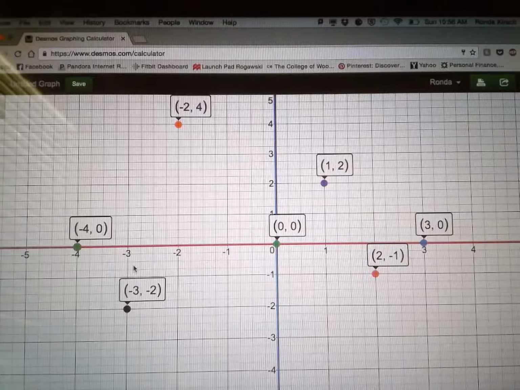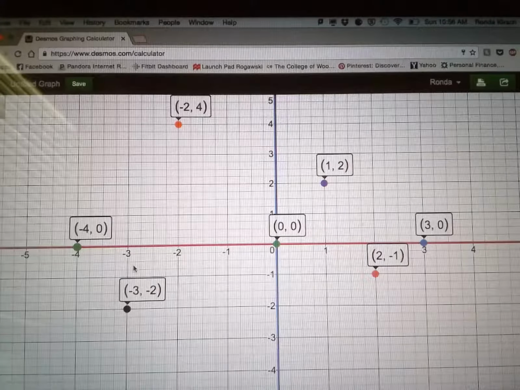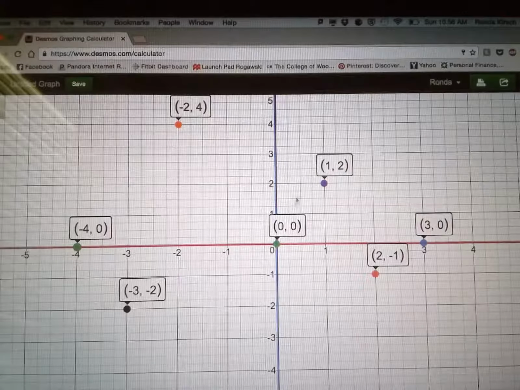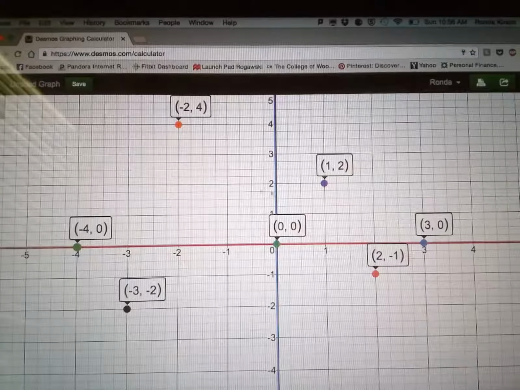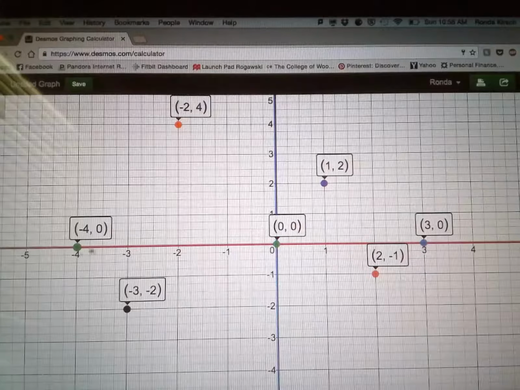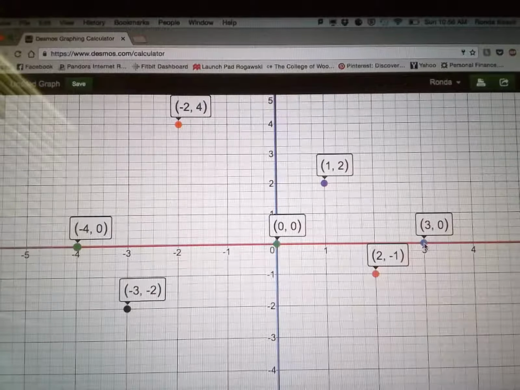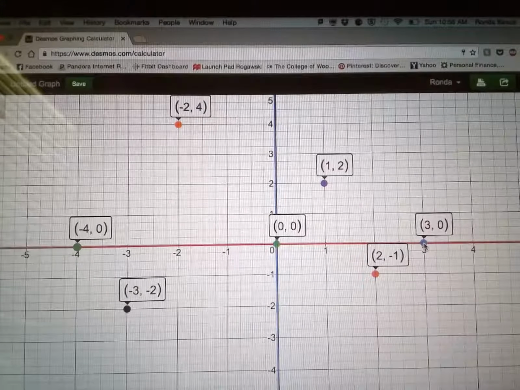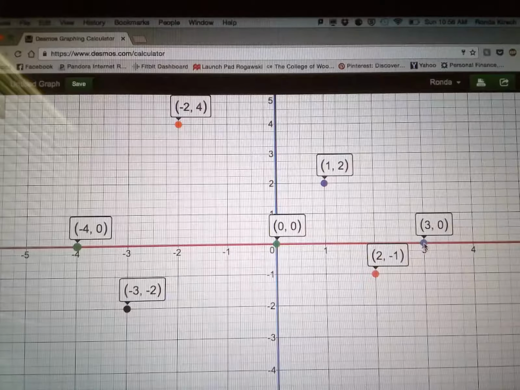If I move my y up or down, I wouldn't be on x anymore. I would be floating up here in one of the different quadrants. But these actually are sitting on the x-axis. So one special thing about an x-intercept is that the y-coordinate is always 0.